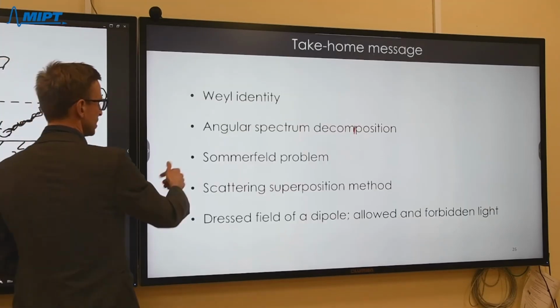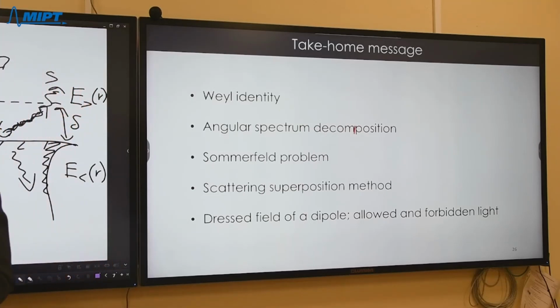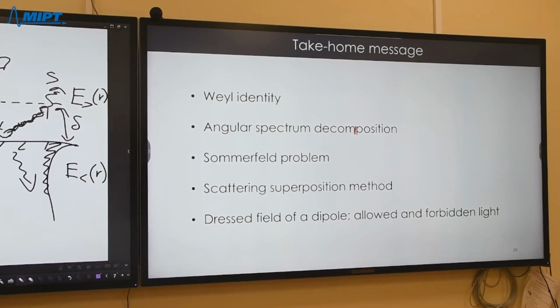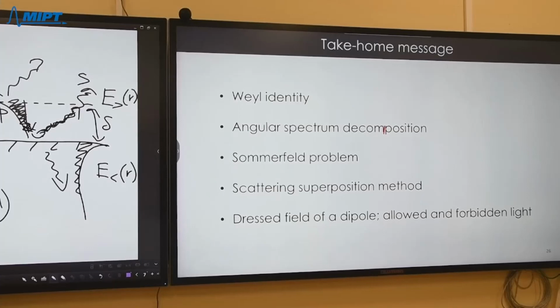And this brings me to the conclusion of today's lecture. So today we looked at a very complicated radiation problem, which is the problem of dipole radiation above the interface. We learned the tool of angular spectrum decomposition, which is done with the use of the Weyl identity.